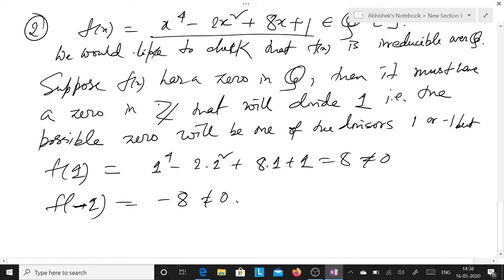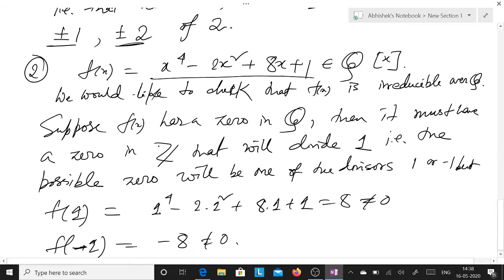So this gives you a contradiction, and this contradiction will conclude that this f(x) is irreducible over Q. So with the help of this corollary, you can easily check whether a polynomial over the ring of integers is irreducible over the field of rationals or not.